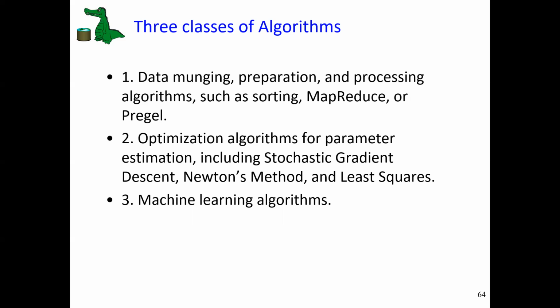With respect to data science, we can classify these algorithms into three categories. The first category is data munging, preparation and processing algorithms. It is purely related to processing and preparation of data, such as sorting, MapReduce, or Pregel. These algorithms are used in data engineering.